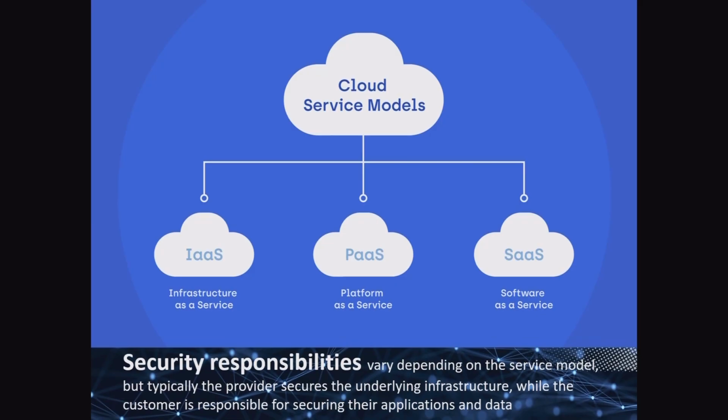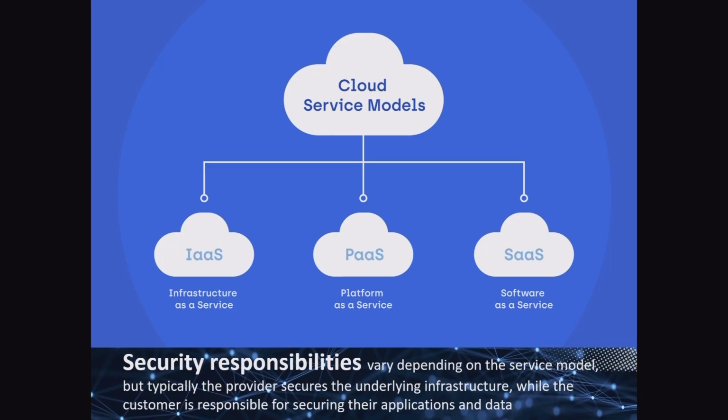We have three main models, though it could be hybrid. We have infrastructure as a service. That's why we define cloud computing as using someone else's servers, physical machines somewhere. So that's when we say infrastructure is offered as a service.